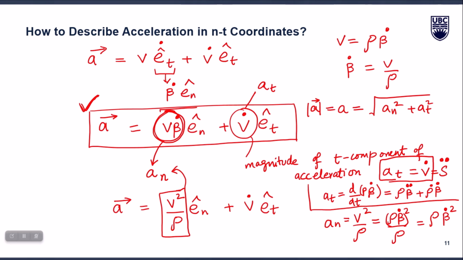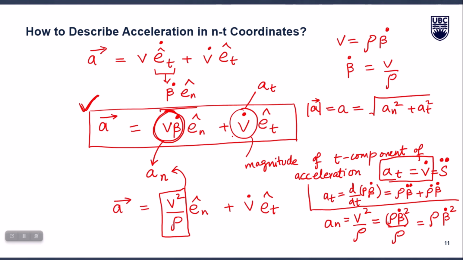Now you will be facing problems in which the situation will tell you that you should describe this curvilinear motion using nt coordinates, right? The geometry of that motion will tell you straight away that it is a case of using nt coordinates, and you will be calculating the n component of acceleration separately, t component of acceleration separately at some given time, and then combine them using this equation, right?